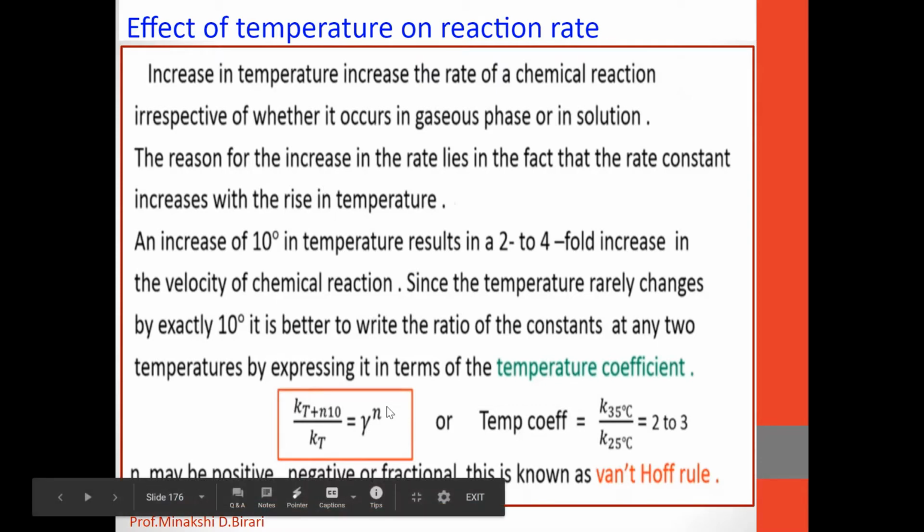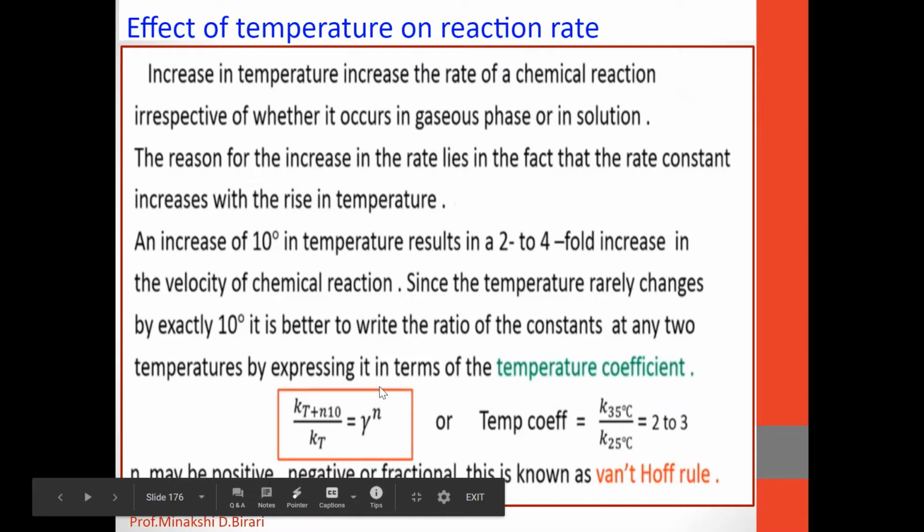So the increase in the reaction velocity with temperature is expressed in terms of temperature coefficient, which is the ratio of rate constants of a reaction at two different temperatures separated by 10 degrees Celsius. It is given as the rate constant at T plus n into 10 divided by the rate constant at T, equal to gamma raised to n, where n may be positive, negative or fractional, and this is known as van't Hoff's rule.